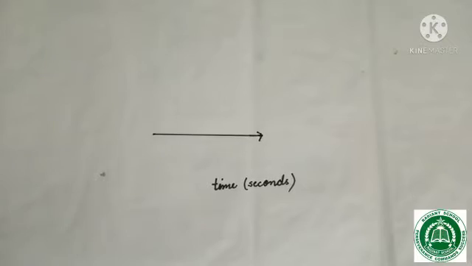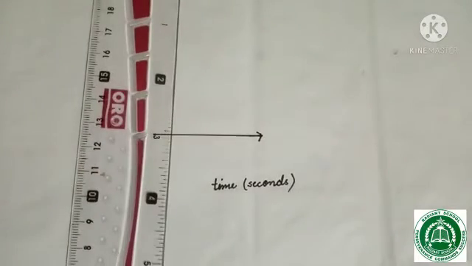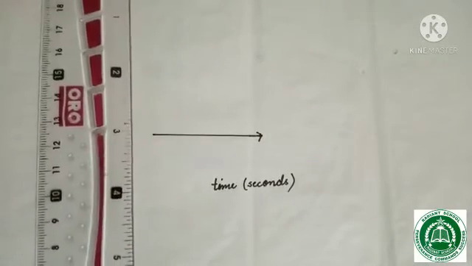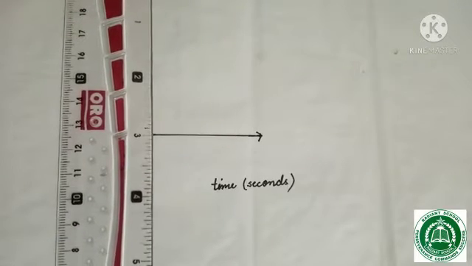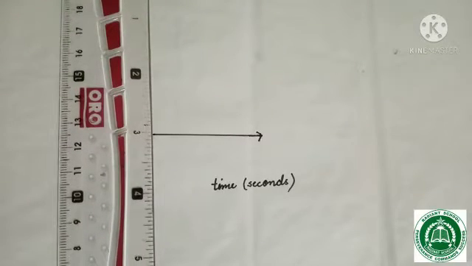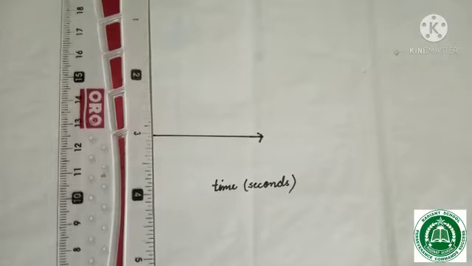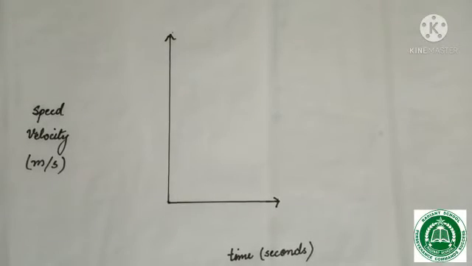The next step is that you have to draw the speed axis, in this particular direction perpendicular to your previous time axis. Now I have drawn this vertical axis. You can also call this the speed axis or velocity axis, as for the body for which we are deriving this equation of motion, we consider that the body is moving in a straight line.